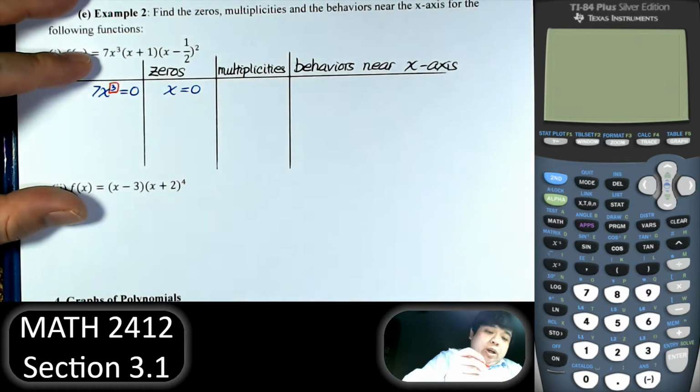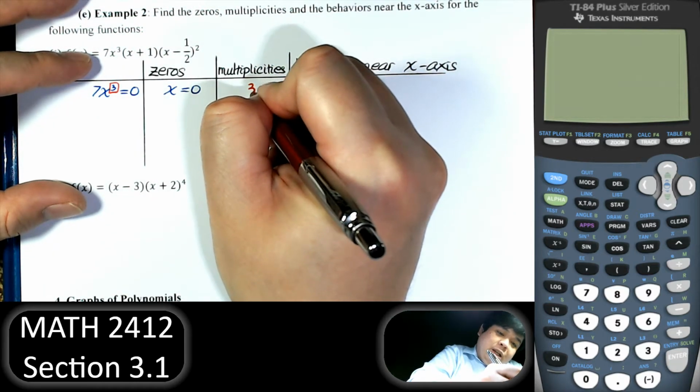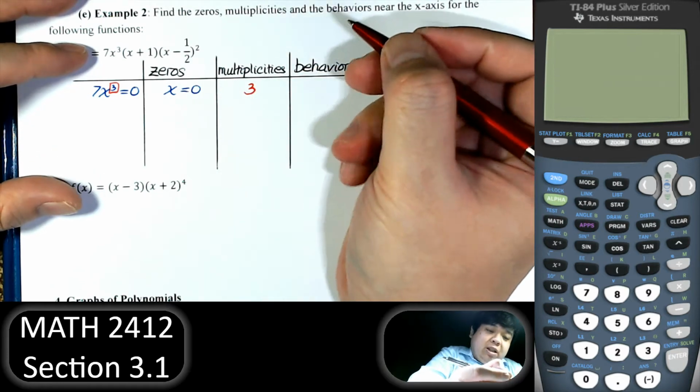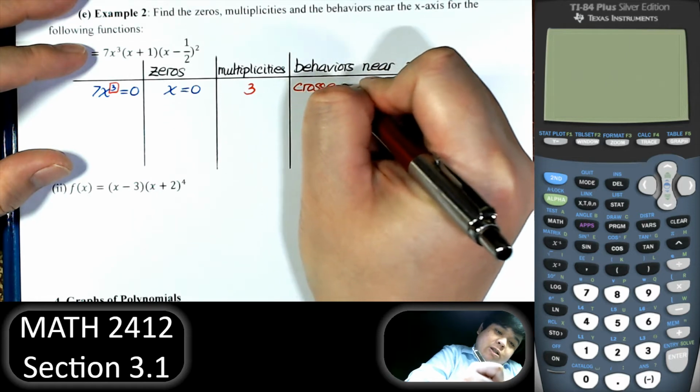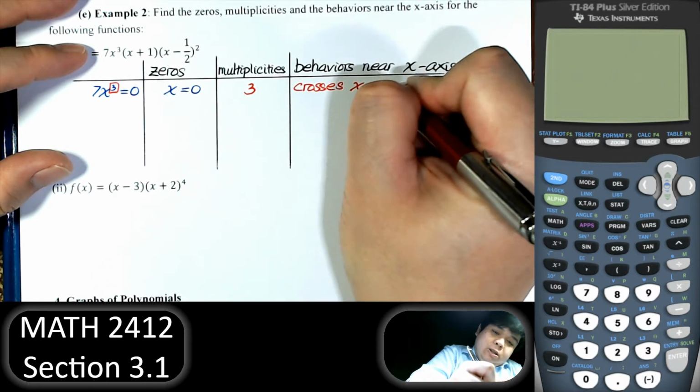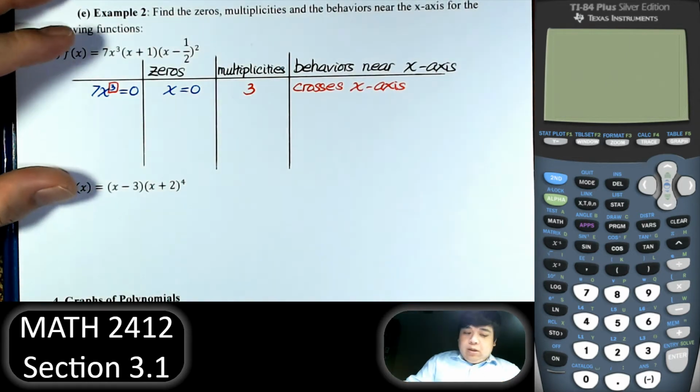There's the power of 3, so that is the multiplicity of 3. And if it is odd multiplicity, it crosses the x-axis. So that is the first.